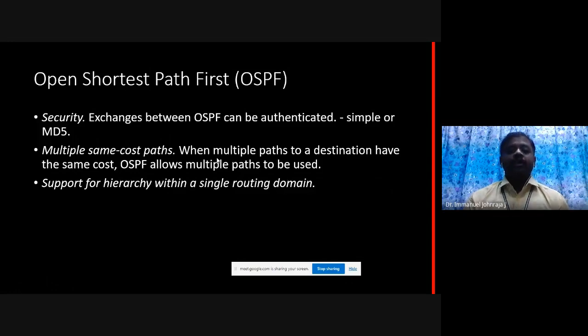So you have the area when you are configuring OSPF. You can go for multi-area OSPF, where you can attach the hierarchy. This is just to reduce the burden of exchanging the routing information across all the routers in the network. So all your routing information is exchanged within a smaller group of routers. So hierarchical routing comes into the picture to support that.